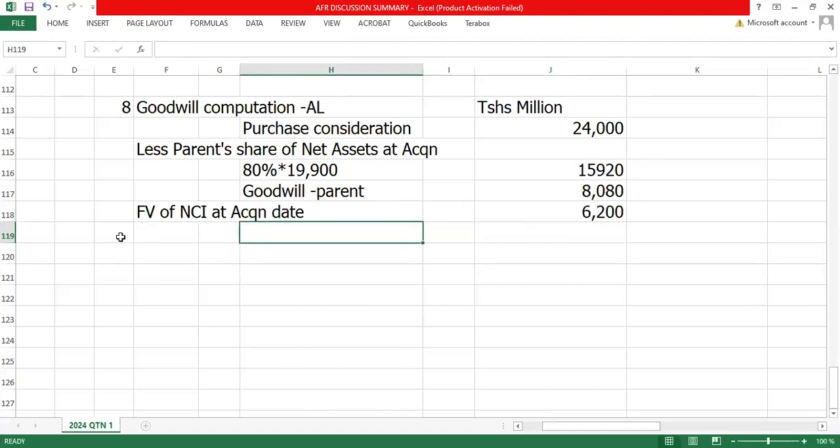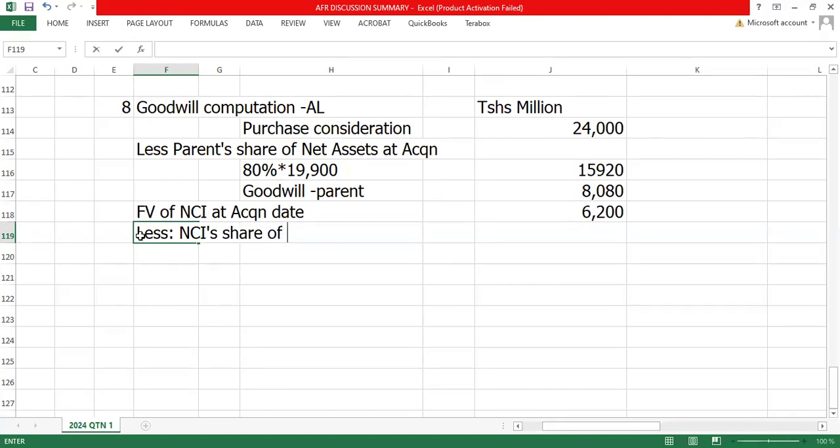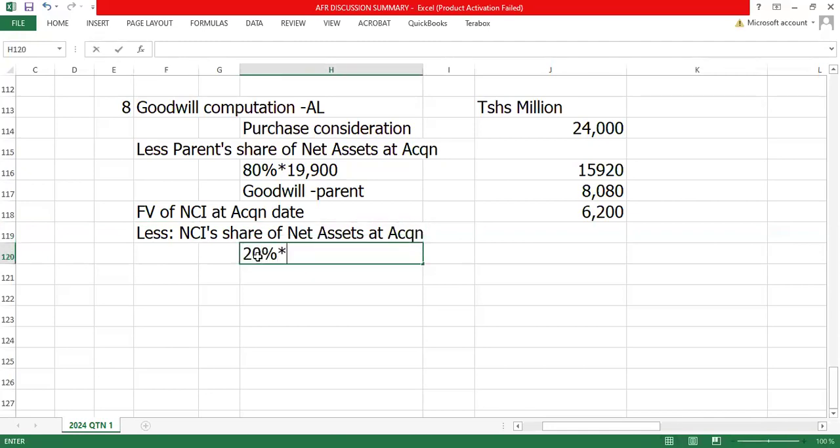Then you raise the NCI's share of net assets at acquisition, which is the 20% times 19,900.